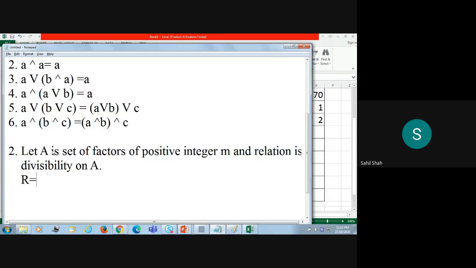It is slightly modified. R is the set of (x, y) such that (x, y) belongs to A, and x divides y.